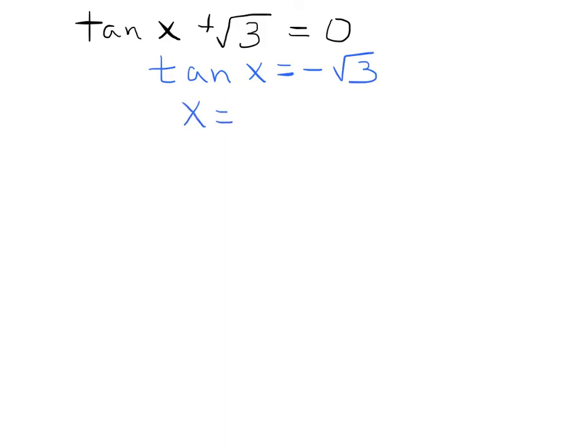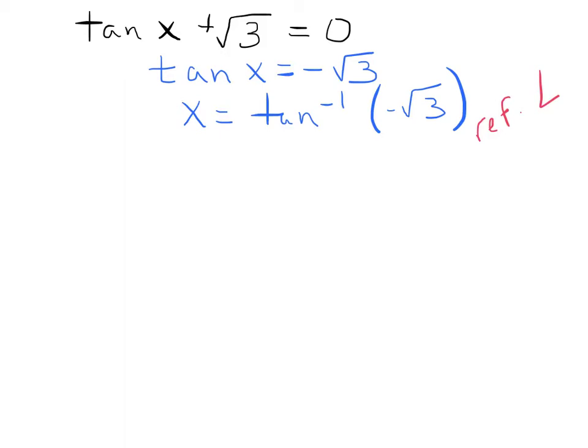So x is the inverse tangent of negative square root of 3. Again, we have to decide what we are talking about in terms of a reference angle. What would the reference angle be if my tangent is square root of 3?